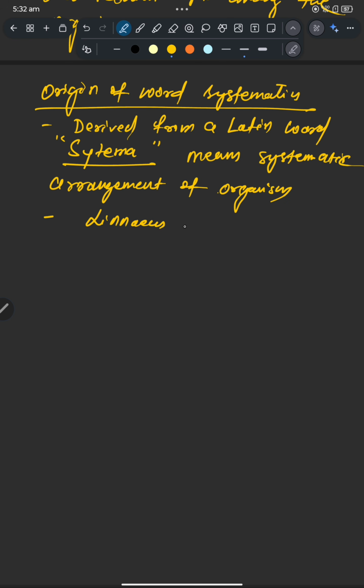Very, very important, Systema Naturae, for his publication. You know that Carolus Linnaeus is known as the father of classification. The details of classification were first established by him and published in his book, Systema Naturae.